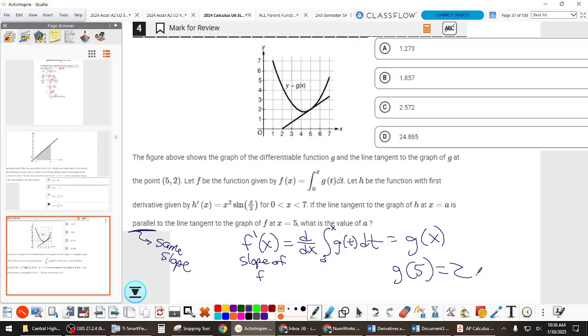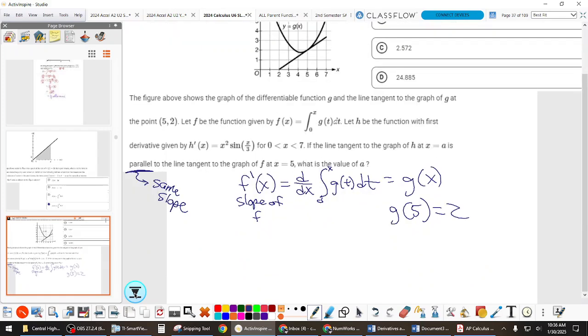And then it says we want the slope of h to be parallel, so we want the same slope. So we want h's slope to be 2. So this thing has to equal 2. Yeah, and that's why we want a calculator. Oh, right, I can just graph.